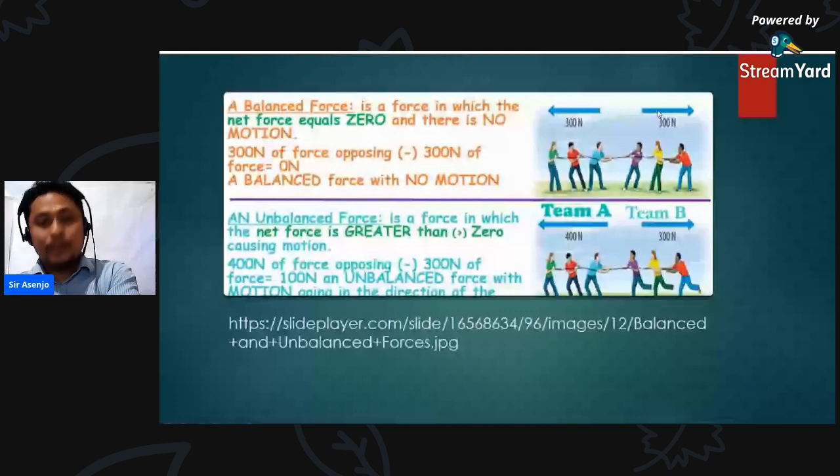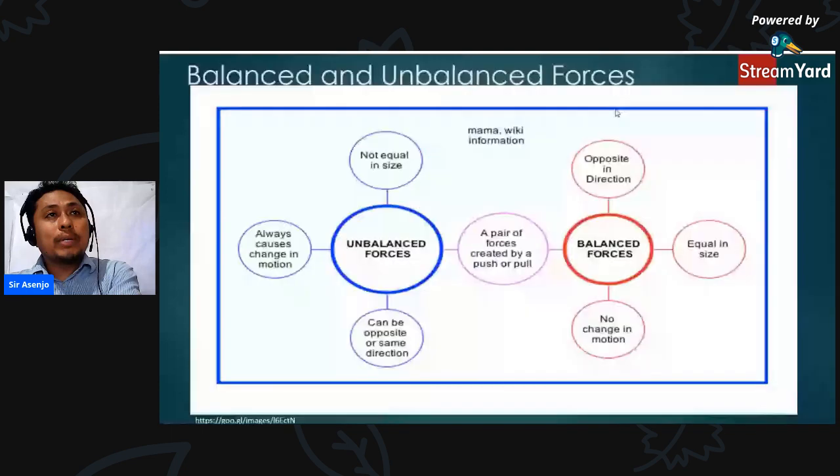Now let's take a look at the summary of balanced and unbalanced forces. Let's take a graphic representation, compare and contrast. Okay. So balanced and unbalanced forces are pairs of forces created by a push or a pull. Now let's take a look at unbalanced forces.